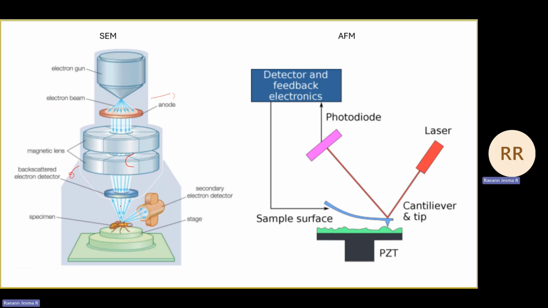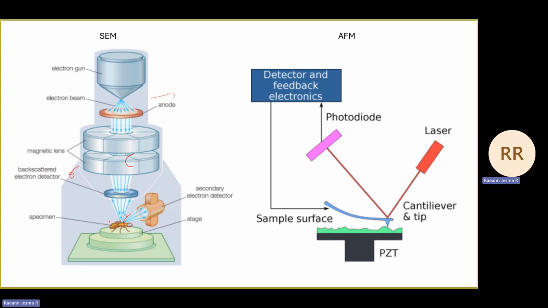Because the incident electron beam is falling on the sample, some electrons will get generated from the sample, and some electrons will get scattered from the sample. The electrons that are getting scattered from the sample are called backscattered electrons, and the electrons that are generated from the sample are called secondary electrons.